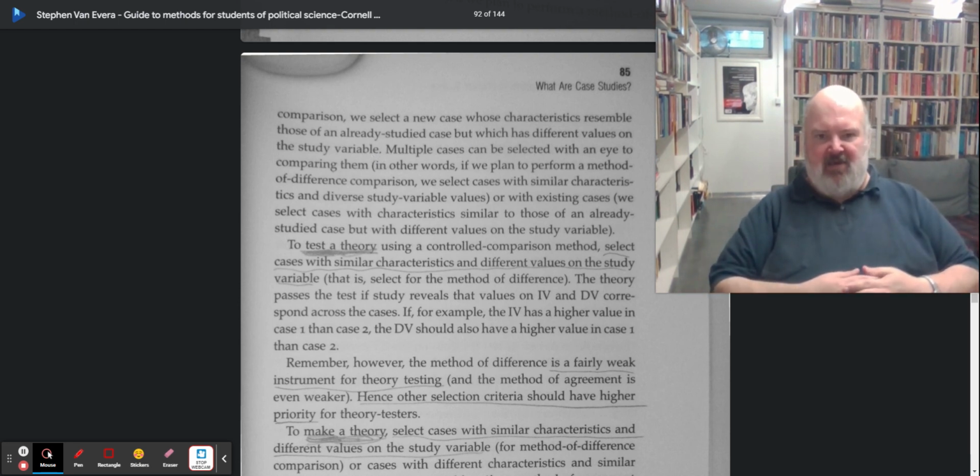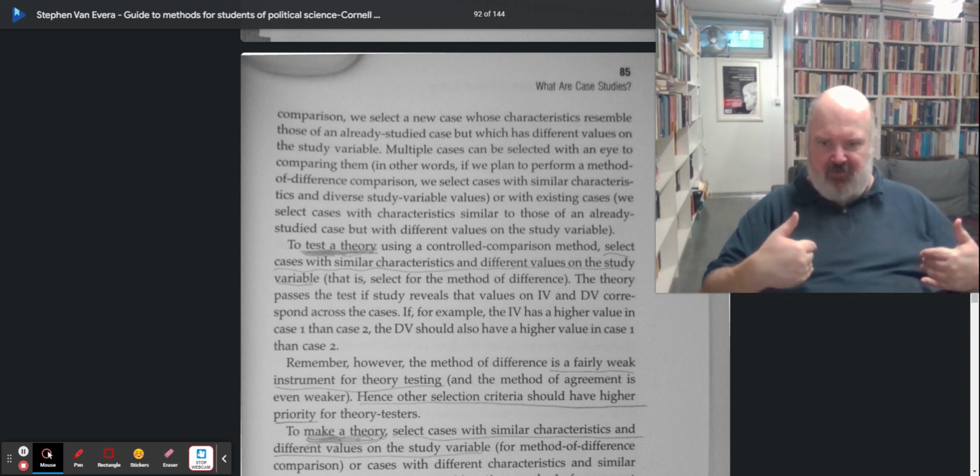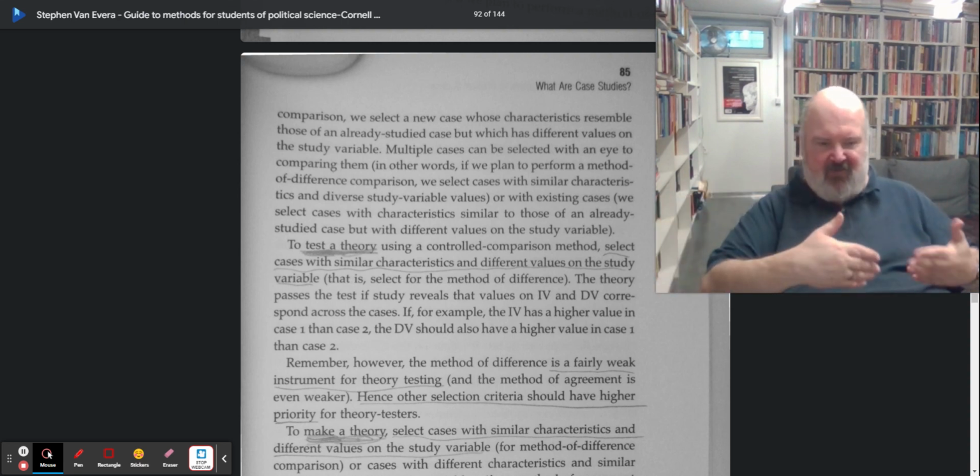Multiple cases can be selected with an eye to comparing them. If we plan to perform a method of difference comparison, we select cases with similar characteristics and diverse study variable values. In other words, if the characteristics are similar, the study variable has a different outcome.